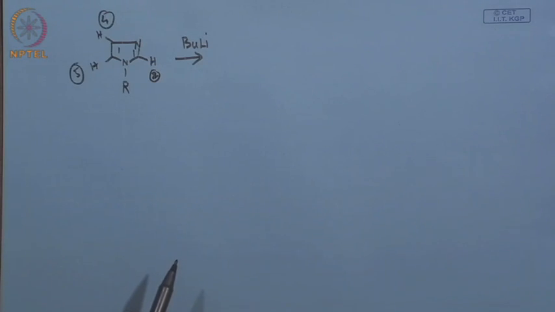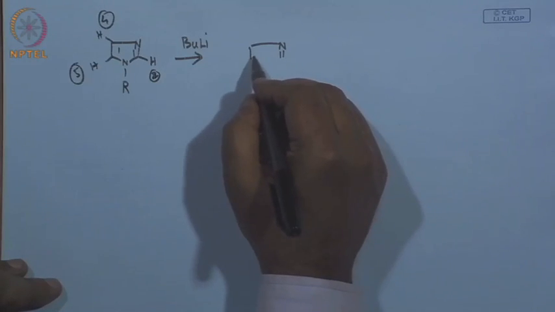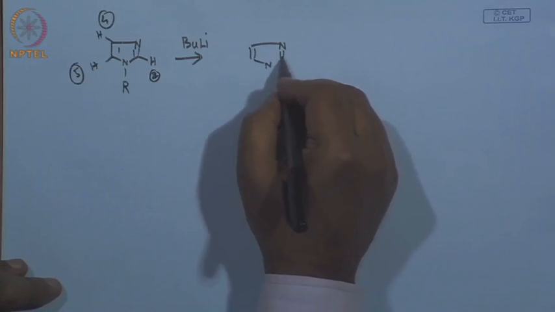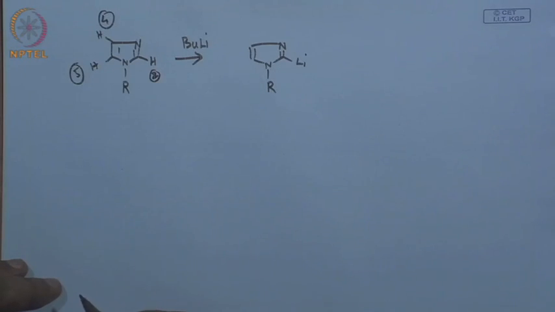But what is the reason? Very simple then. If you have an electronegative atom flanked by 2 nitrogen atoms, it is likely, and in fact, the answer is yes. So, you can quickly predict the site of the lithiation, and the lithiation takes place here.